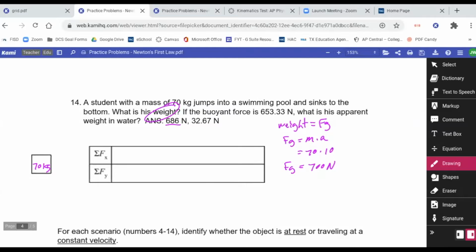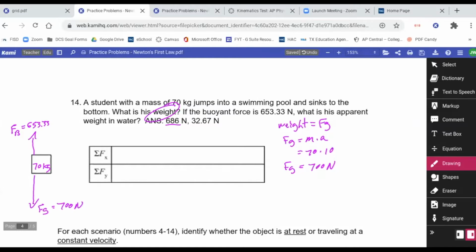So if buoyant force, FB, is equal to 653.33 with an arrow up, then we've got force of gravity equal to 700 newtons.